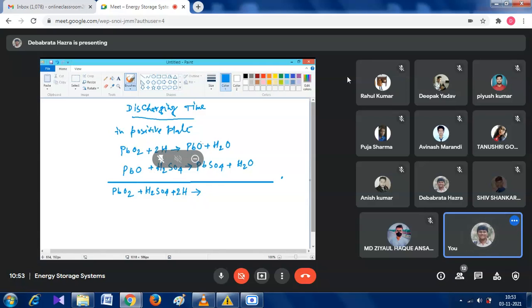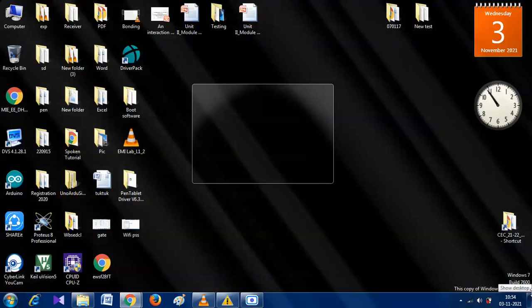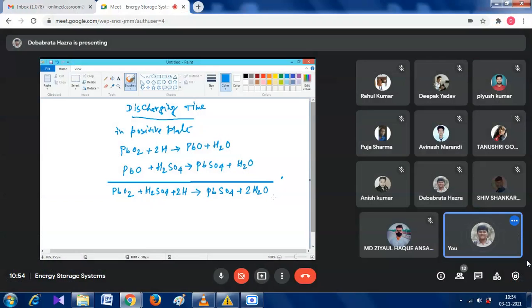So the PbO will cancel out. So on the left hand side, we can write lead peroxide plus H2SO4 plus 2H is equal to the product PbSO4 plus 2H2O. This reaction will happen at the time of discharging in the positive plate.